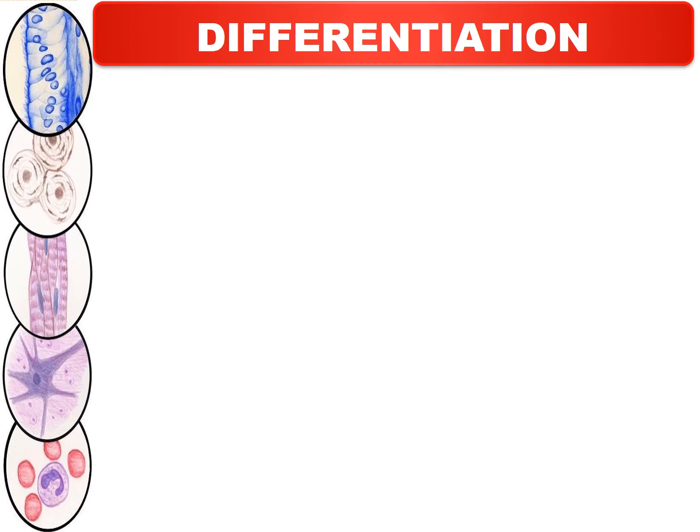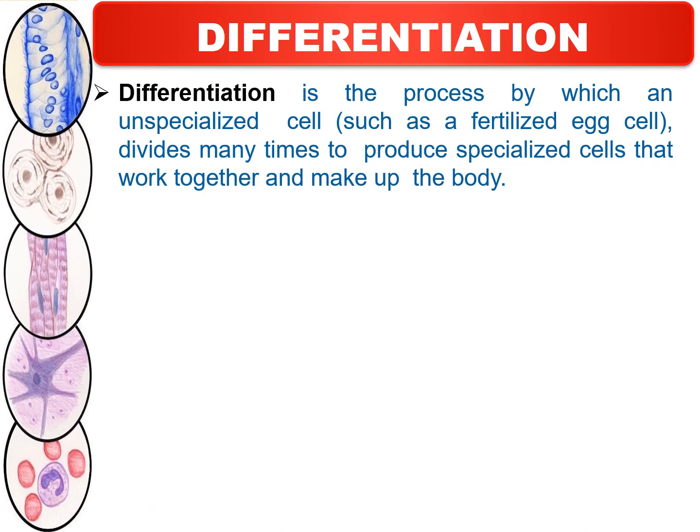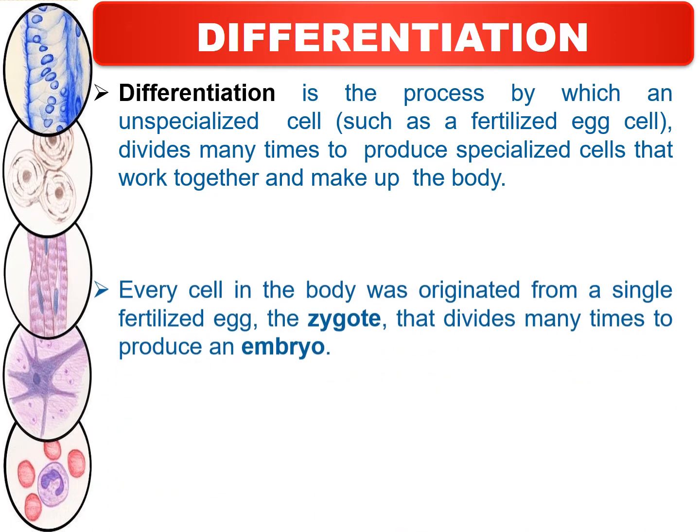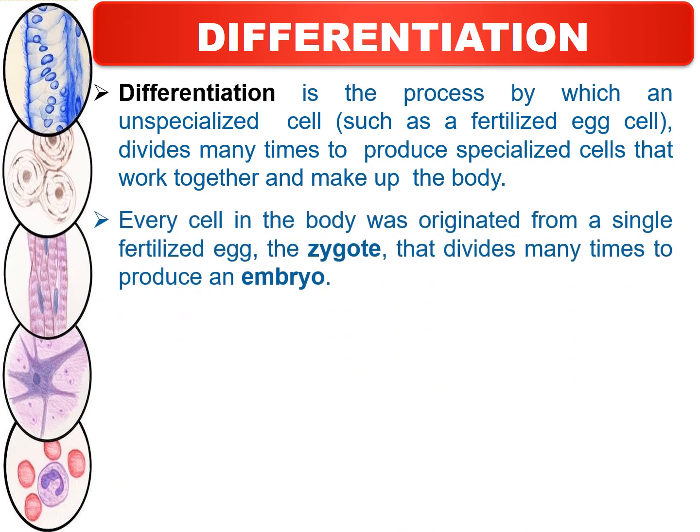So what is differentiation? Differentiation is the process by which an unspecialized cell, such as a fertilized egg cell, divides many times to produce specialized cells that work together and make up the body. Every cell in the body originated from a single fertilized egg, the zygote, that divides many times to produce an embryo.